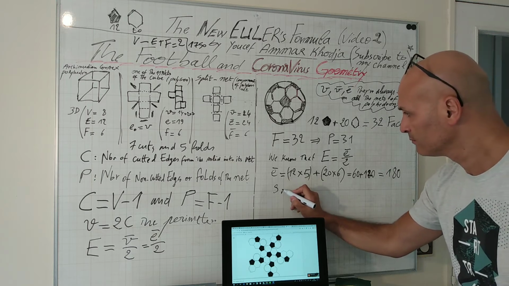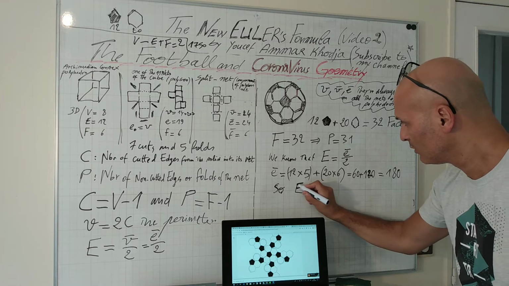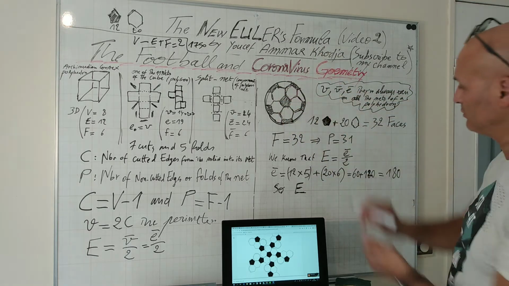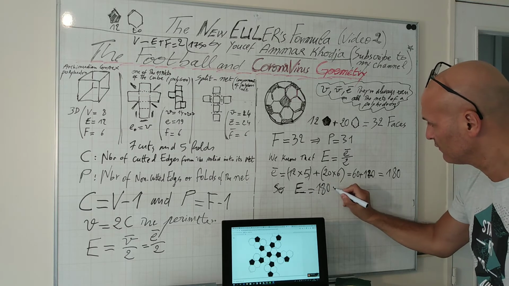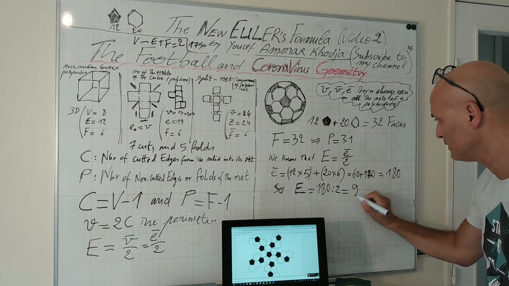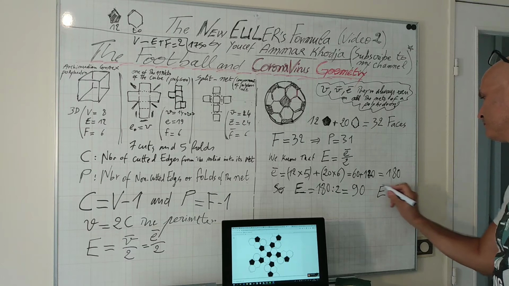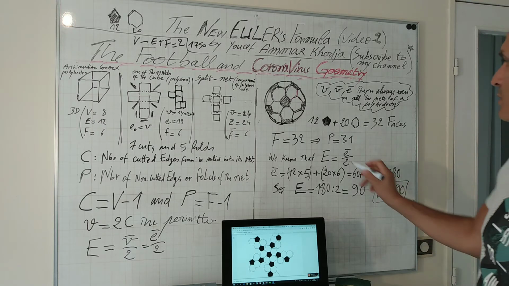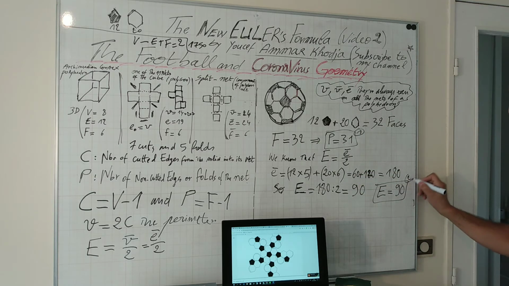So capital E, the number of edges on the football, equals 180 divided by 2, which is 90. E equals 90. So let's call this result 1, this is result 2. We've got E equals 90 and P equals 31.